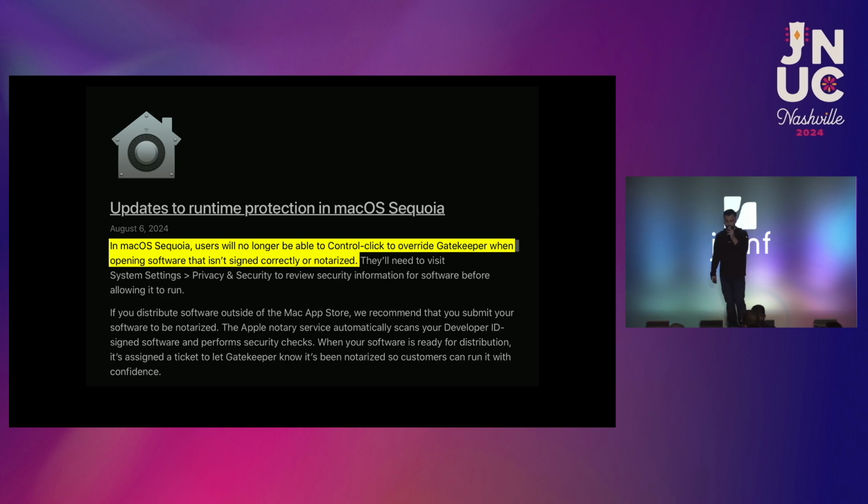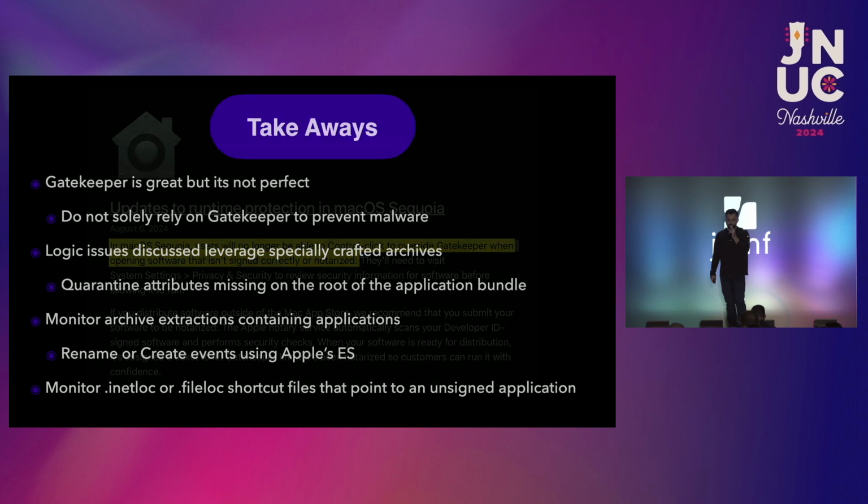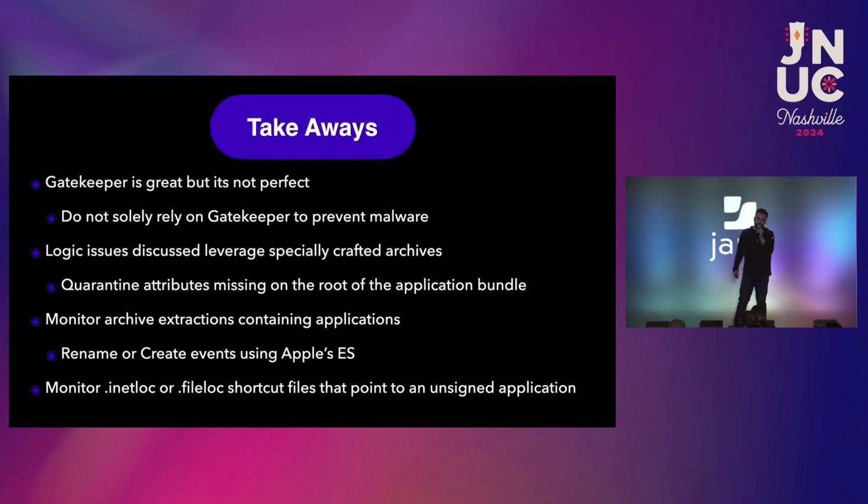So key takeaways: Gatekeeper is an excellent security feature built into macOS that helps prevent malicious or untrusted software from executing on a system. But it's not perfect, and it has its flaws, as you saw from today's presentation. Most of the logic bugs that we discussed today involved manipulating and crafting a malicious archive in a way where the quarantine attribute was not being applied correctly, leading to a complete Gatekeeper bypass.